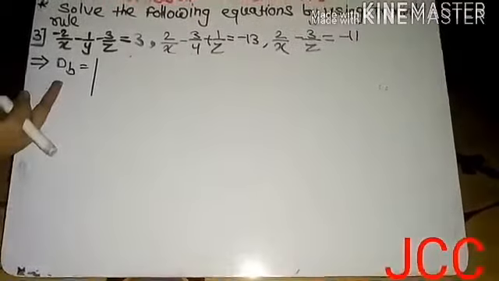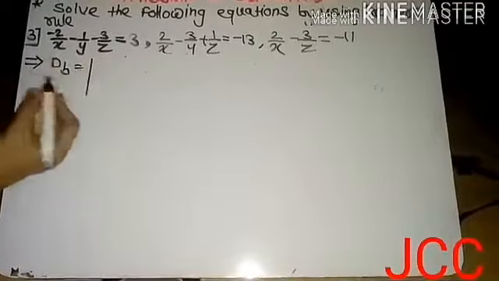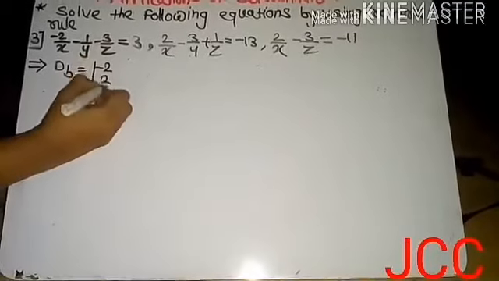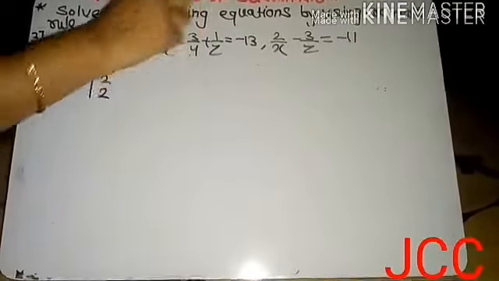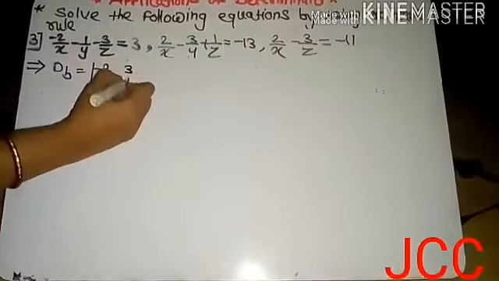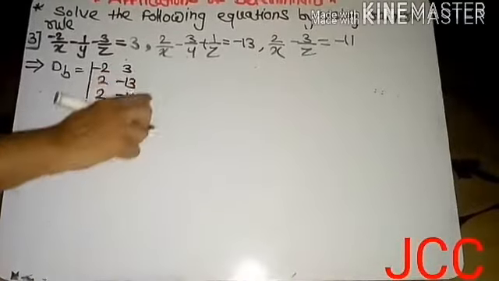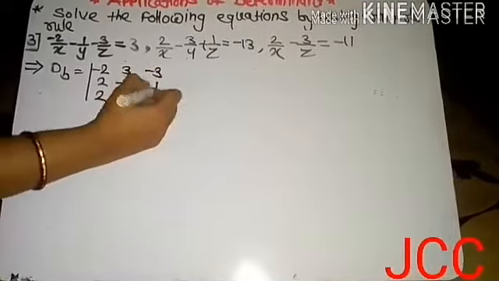Now we solve db, and for db, first column as it is: minus 2, 2 and 2. In place of the second column we write right side elements 3, minus 13, minus 11, and the third column is minus 3, 1 and minus 3.